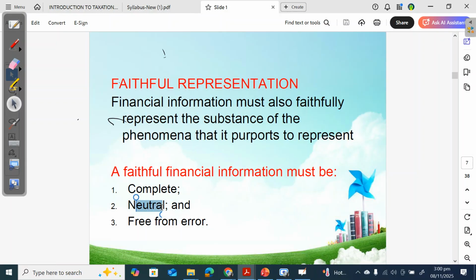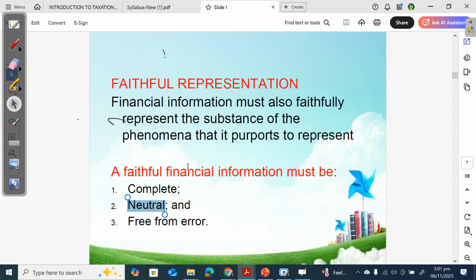Then neutral. Neutral means no bias. Whatever is there should be neutral. Nobody should have a personal interest in the account. Whoever is preparing it should not have an interest in it to twist some figures or inflate some figures.